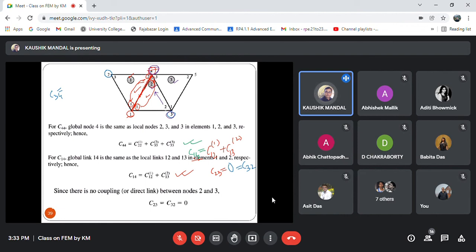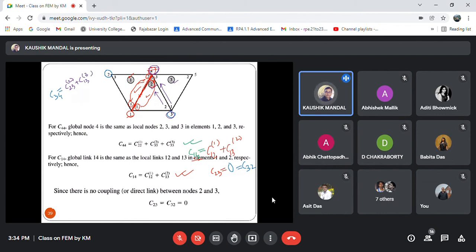So you have to write down that C of 2, 3 of element 2, plus, then it will be C of 1, 3 of element 3.